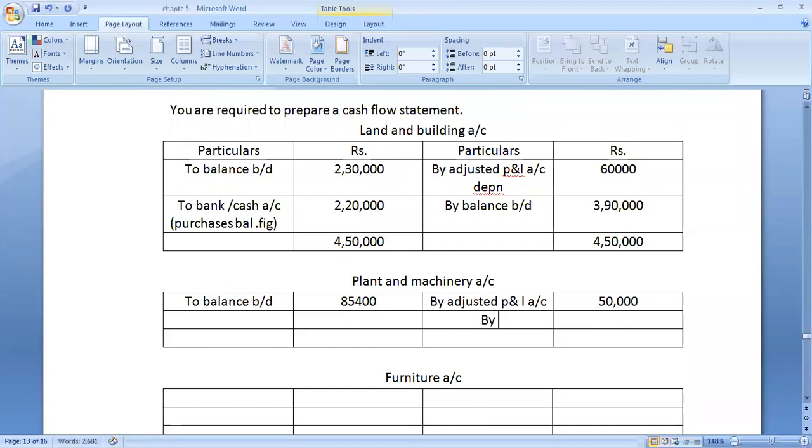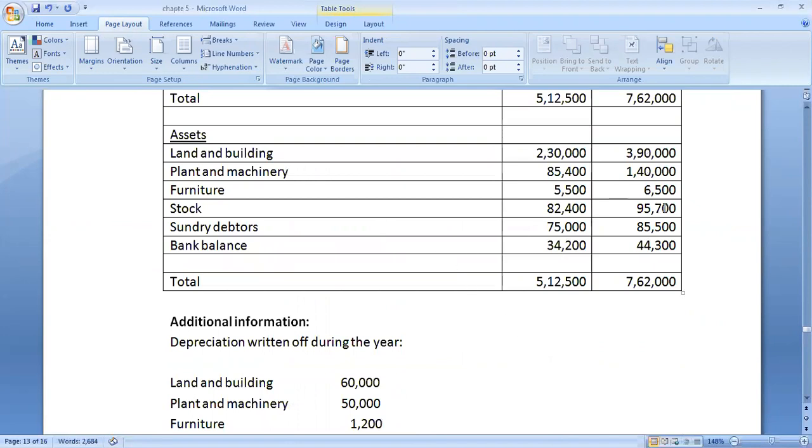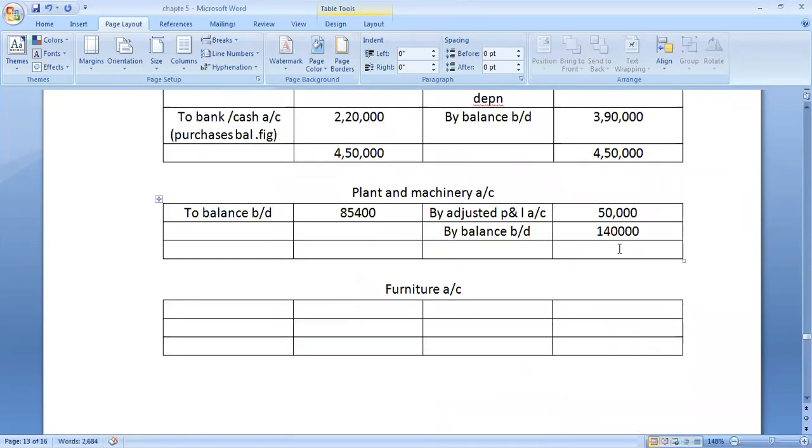Now take by balance brought down. It is the value of brought down. So in the question it is 1,40,000. Here you can see plant and machinery 1,40,000. Take that into consideration. So now it is 1,90,000.